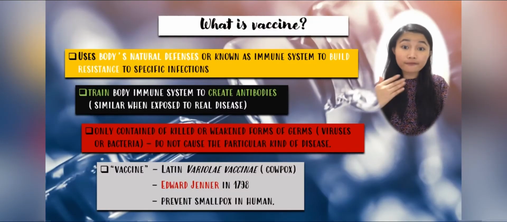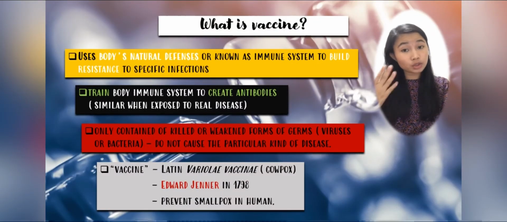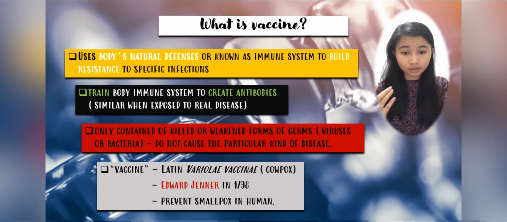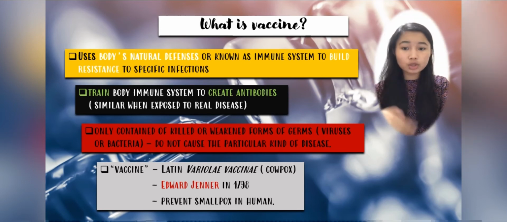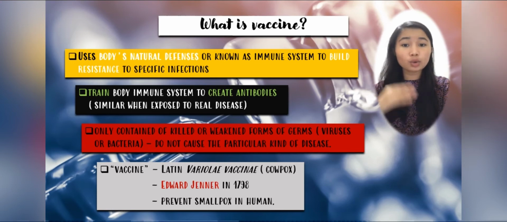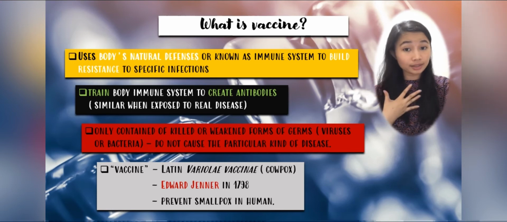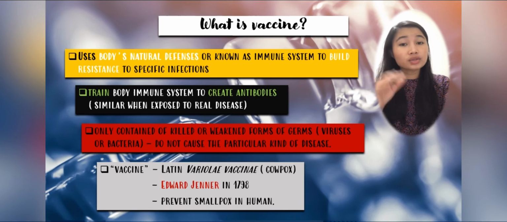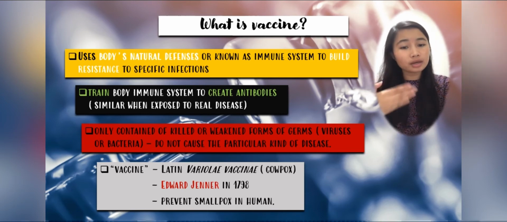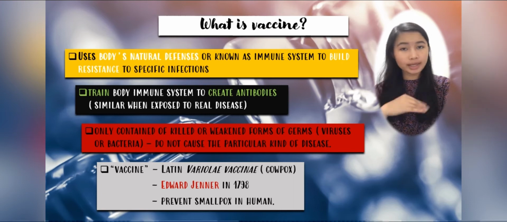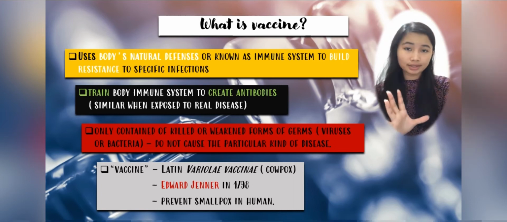What are vaccines? Vaccines use your body's natural defense system, known as the immune system, to build resistance to specific infections and protect humans like us from disease. Vaccines train our immune system to create antibodies just like when it is exposed to a real disease.